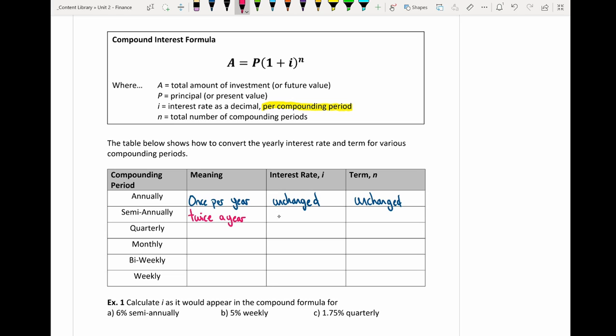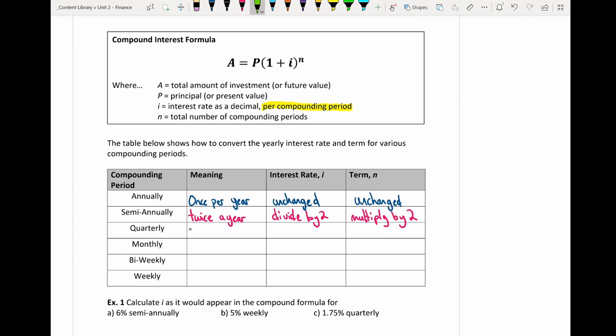So for our interest rate, we have to divide by 2, because if we're given the interest rate for the entire year, we have to divide that by 2 to get it per compounding period. And for our N value, we multiply by 2. If we're given the number of years, we have to multiply them by 2 so that we get our total number of compounding periods.